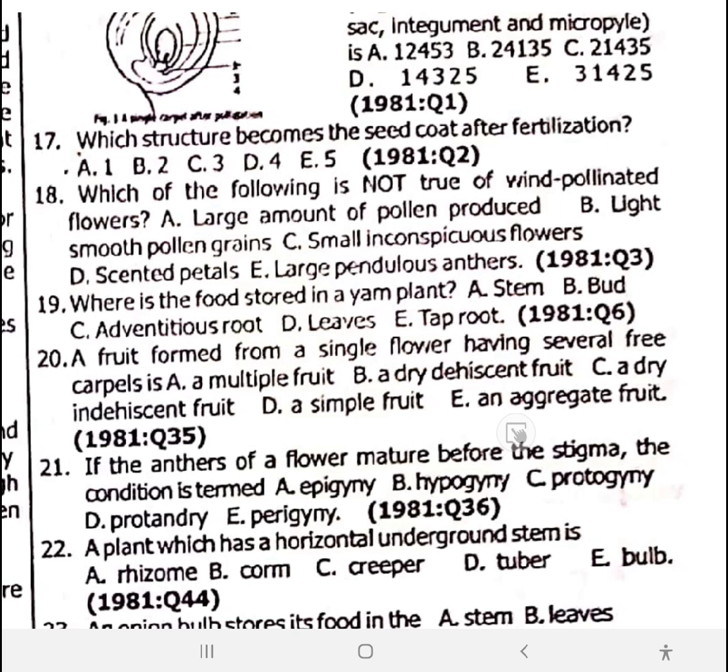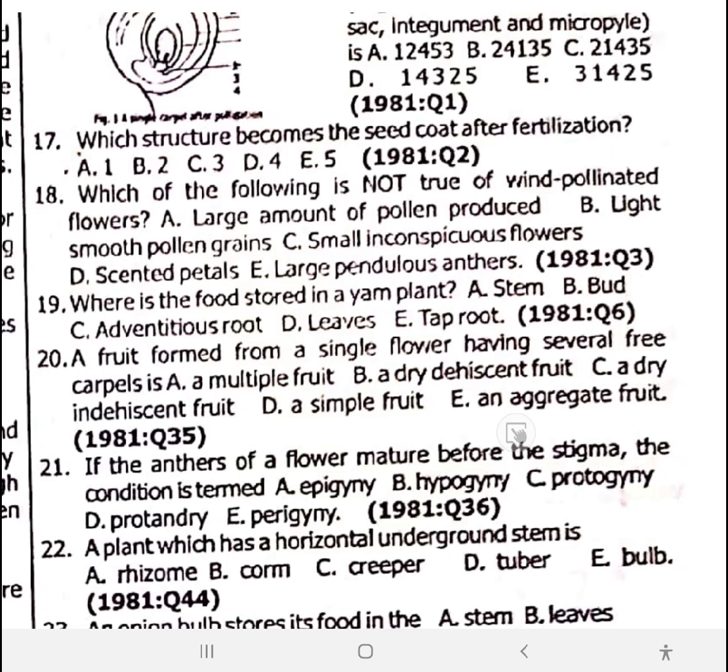Polycarpous flower. Polycarpous here means the flower has many carpels. A polycarpous flower whose carpels are separate is called apocarpous. Apocarpous is spelled APOCARPOUS. Next, if the carpels are fused, it is called syncarpous flower or syncarpous pistil.